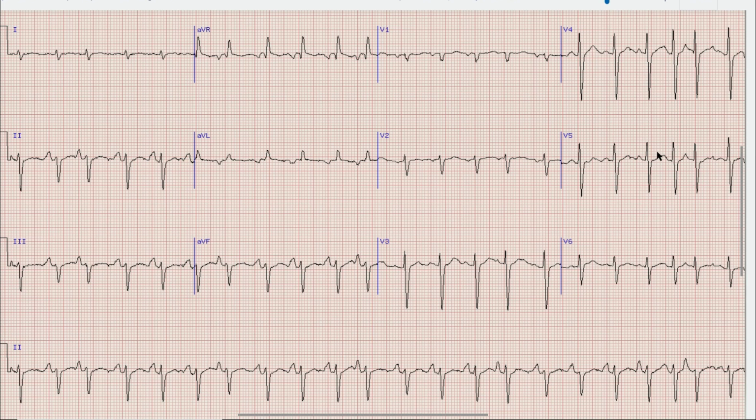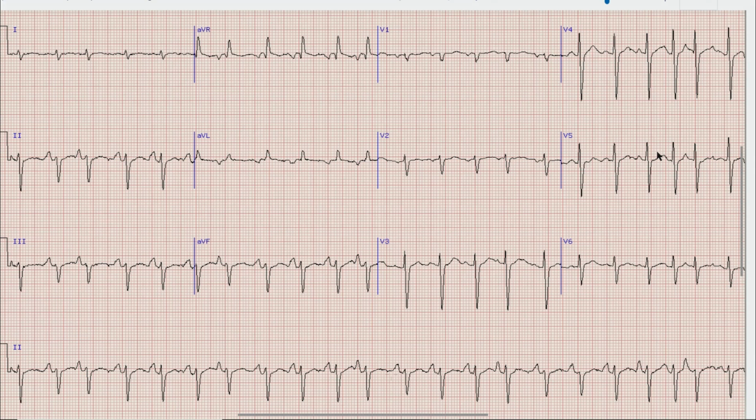So let's start the discussion on this ECG. As you know, the first thing which we look at on ECG is rhythm. For rhythm, we look at lead 2, which is also known as rhythm strip. You can see a long lead at the bottom of ECG.